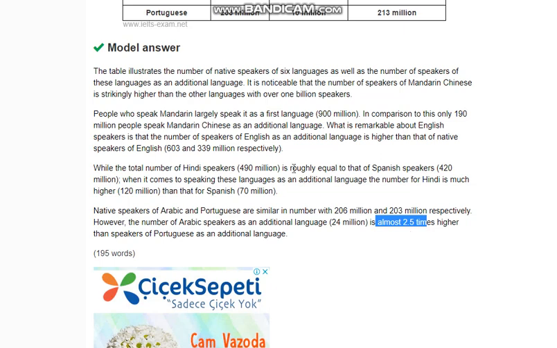And the important part is the writer uses a different range of vocabulary, like roughly, almost. So this is also important. If the writer uses roughly again, it is possible that this writing will be considered not a very good band, and doesn't deserve a good band score.